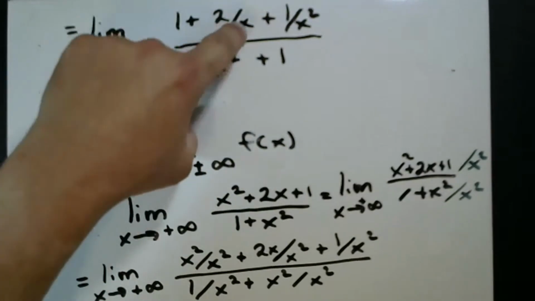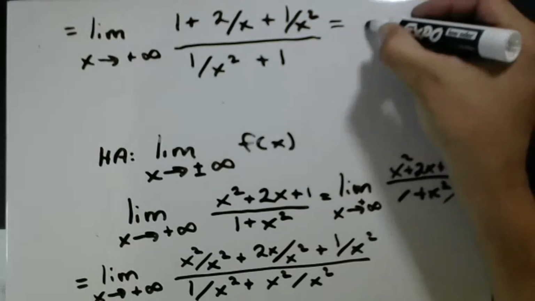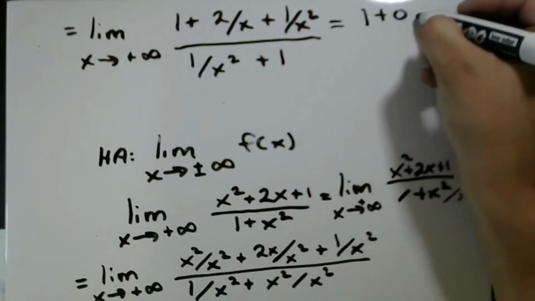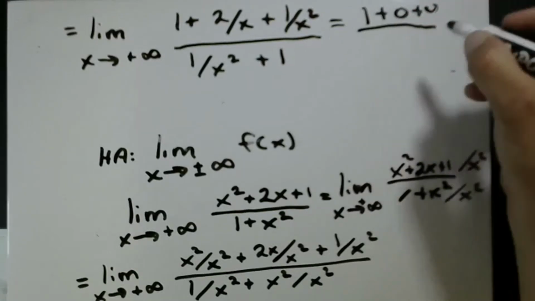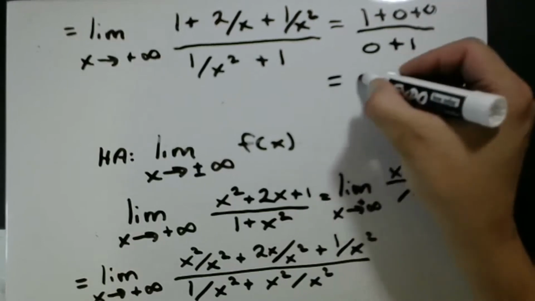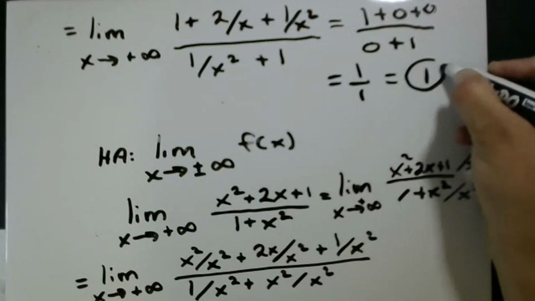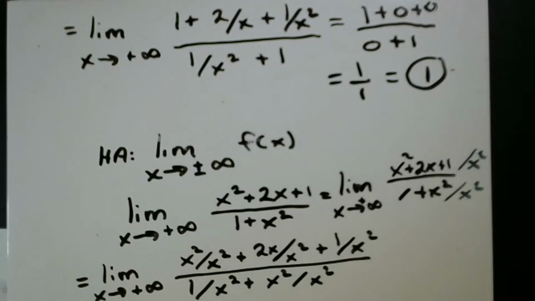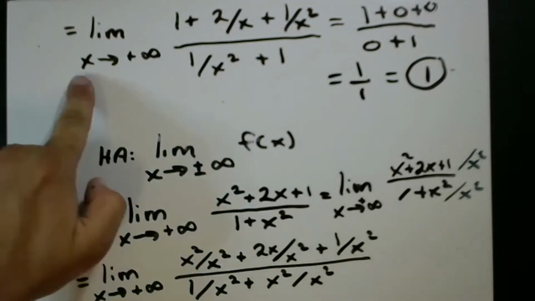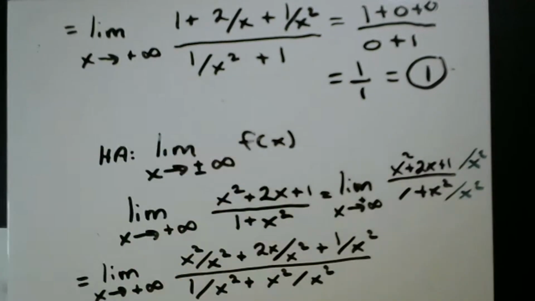And a constant over x as x goes to infinity is also 0. 1 plus 0 plus 0 over 0 plus 1. Well, that's 1 over 1. And we get the same result as we did using algebra. If we think about x becoming bigger and bigger as x travels down the positive x-axis.